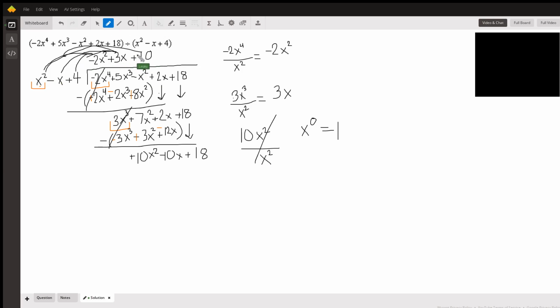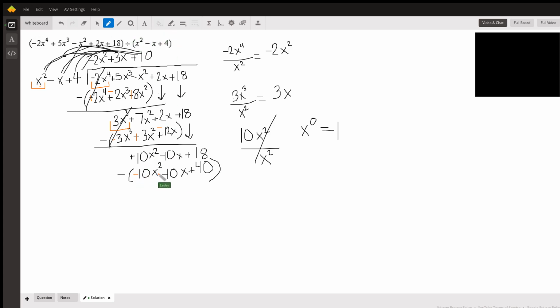Same thing, multiply each and every one. So 10 times x squared is 10x squared. 10 times negative x is negative 10x. 10 times 4 is positive 40. And we're going to be subtracting, so parentheses there.